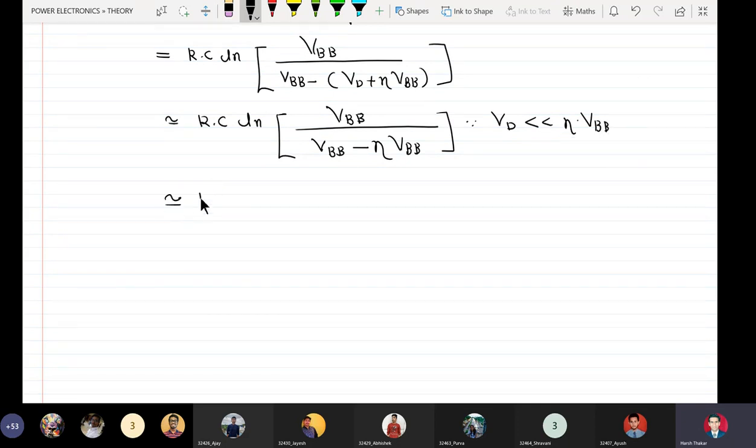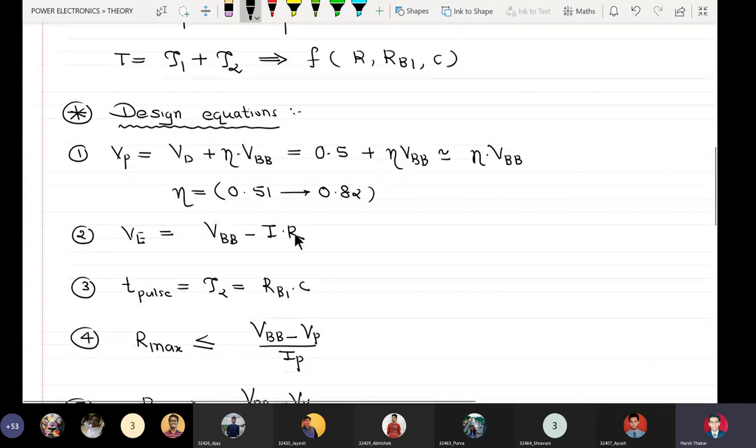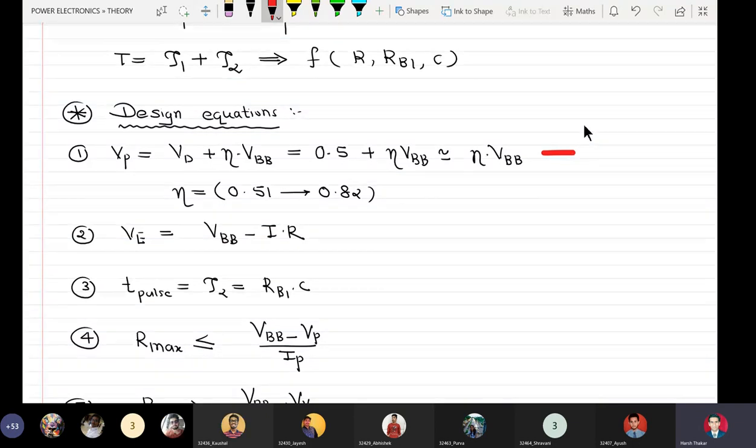That is why it is approximately equal to R into C natural logarithm of 1 over 1 minus eta. Okay, so this is my equation number 6.